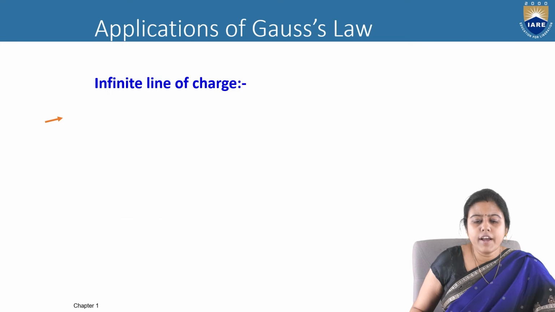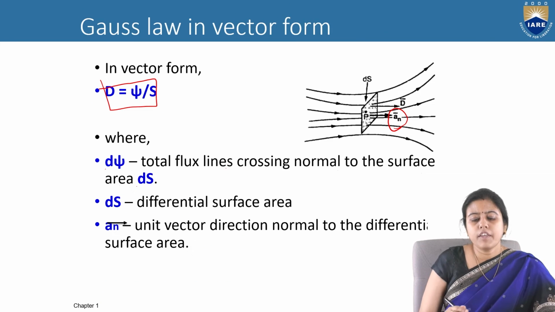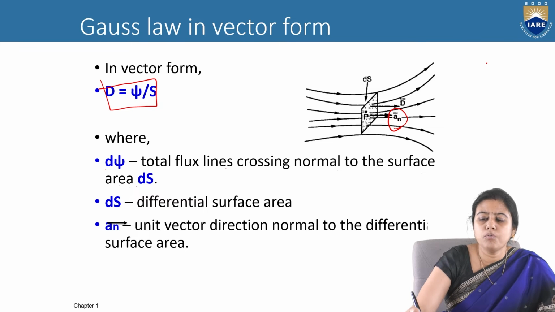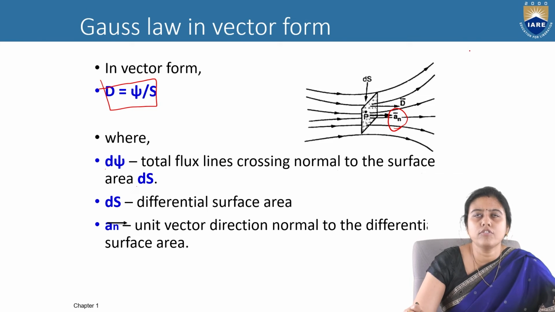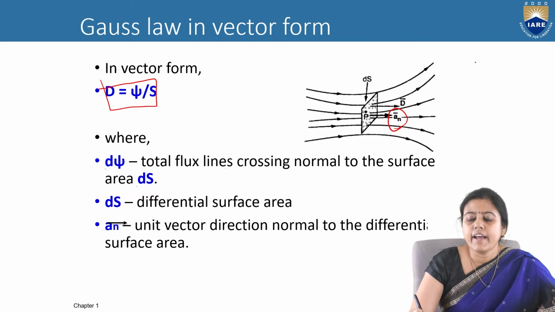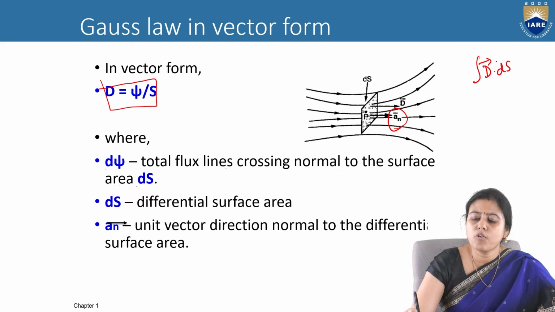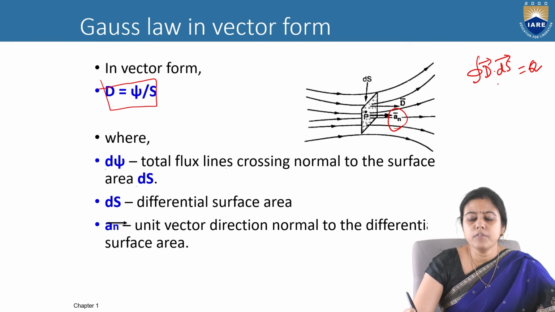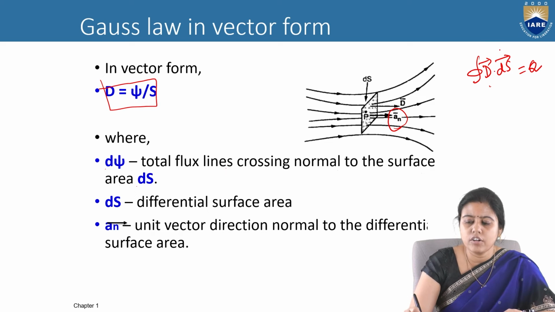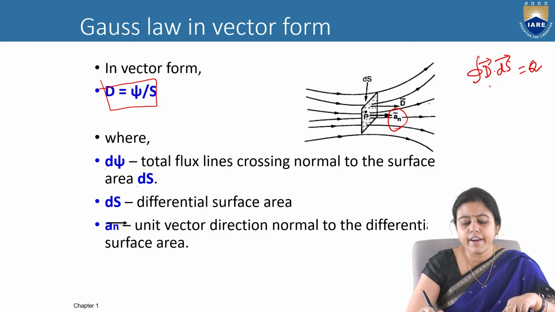Writing the Gauss law, according to the Gauss law the total flux density over a closed surface is equal to the charge enclosed. So here D has some direction.